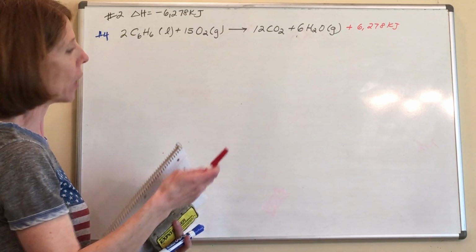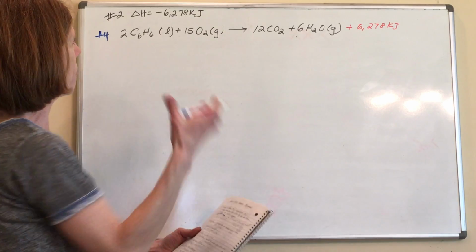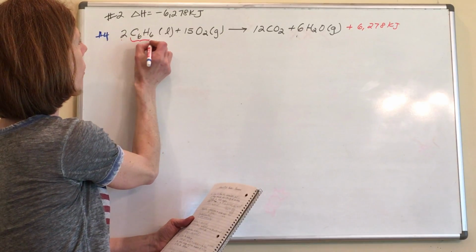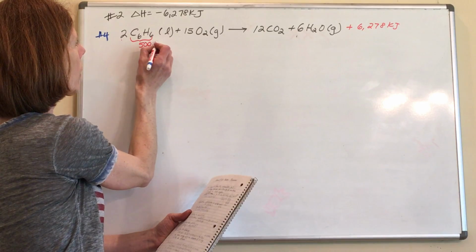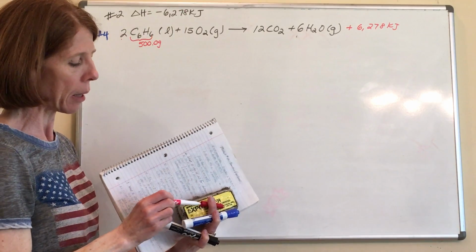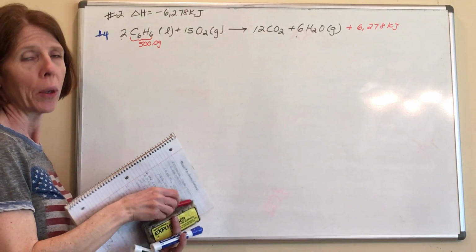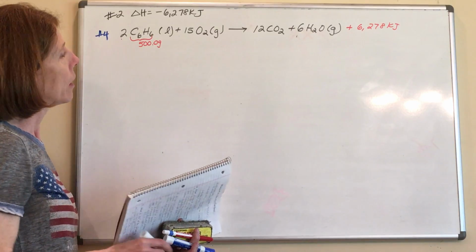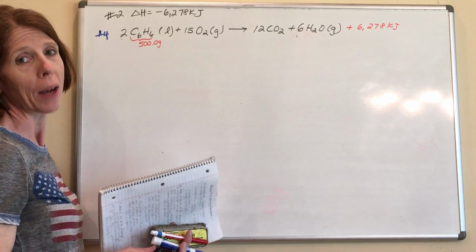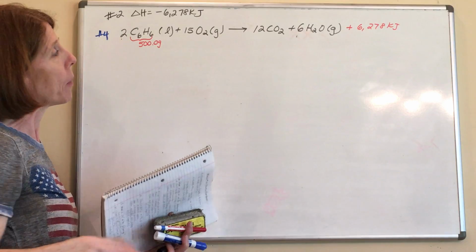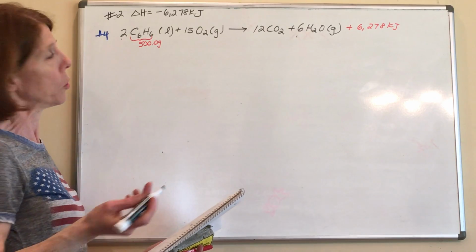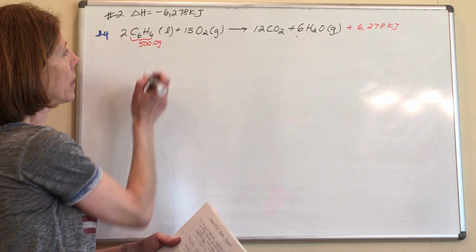They tell us we've got 500 grams of benzene. But in chemistry, we can't relate amounts using grams. We have to turn them into moles. So we're going to convert our benzene into moles.